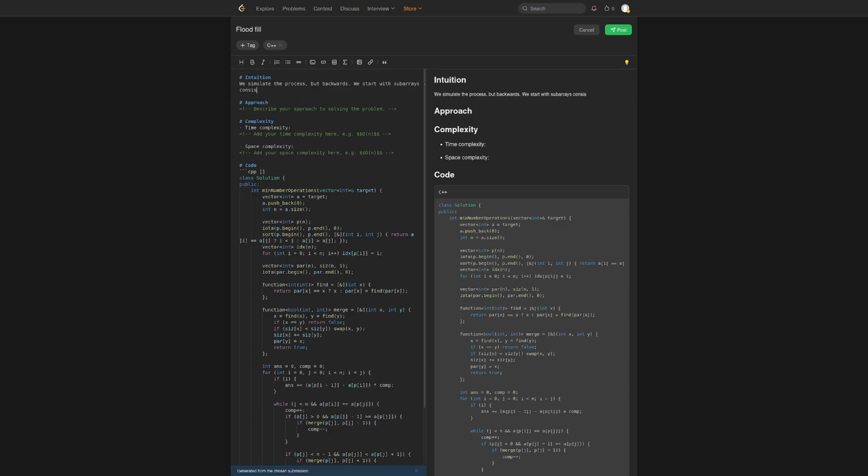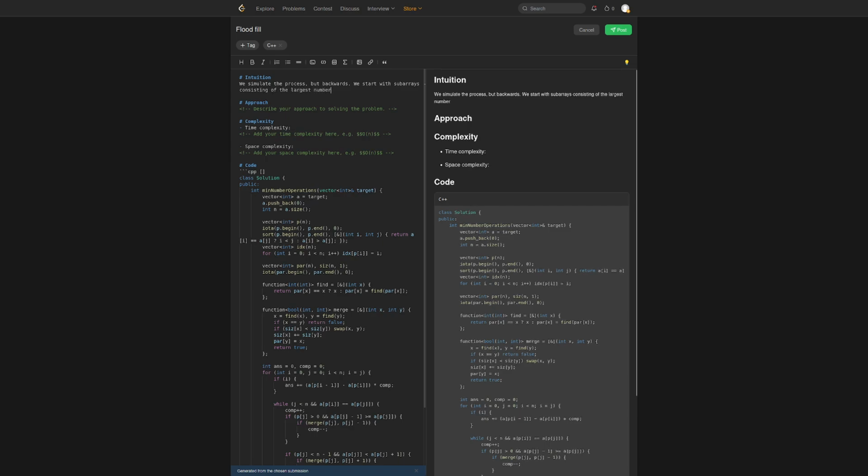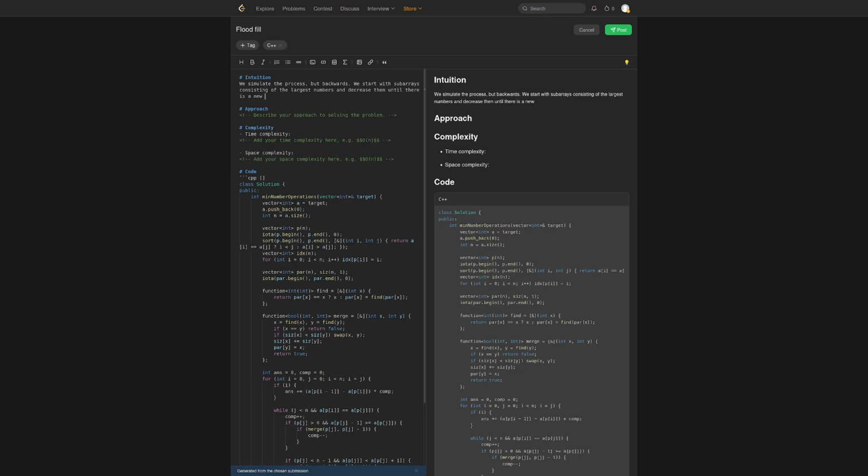Subarrays consisting of the largest numbers, and decrease them until there is a number with the same value as the subarrays.